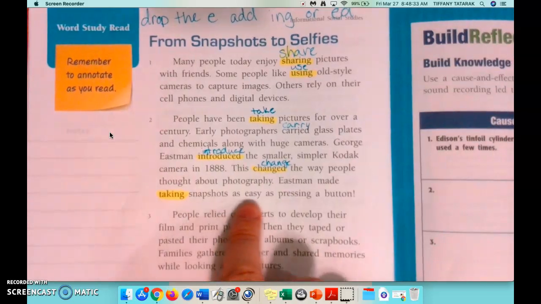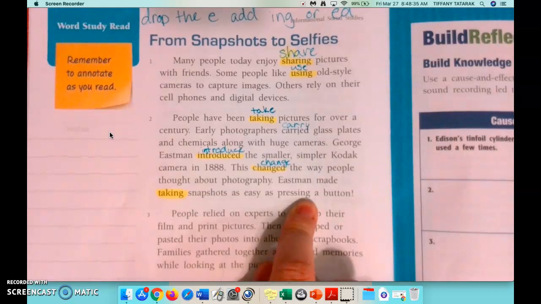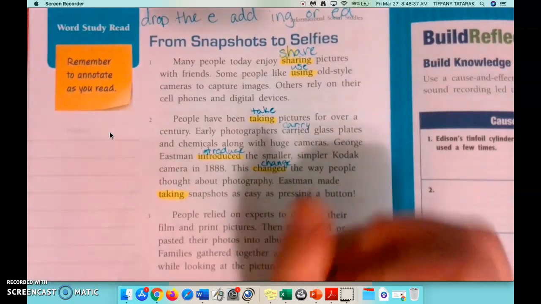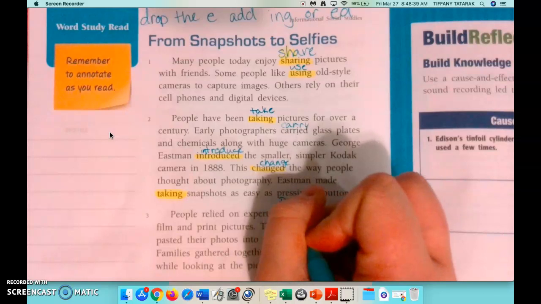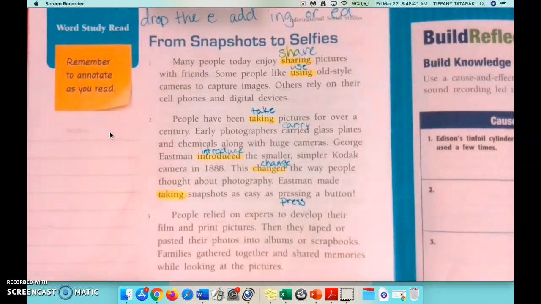As easy as pressing, oh, there's an ing. So I'm going to write the word press below it because that would be the base word of pressing. Now, I don't see any E's at the end of there, so that one does not fit our pattern. So I'm not going to highlight that one.